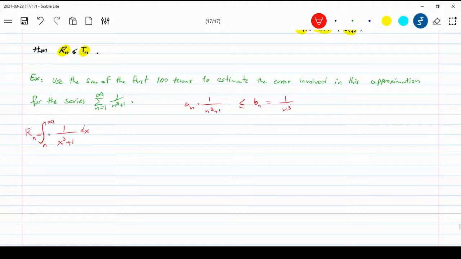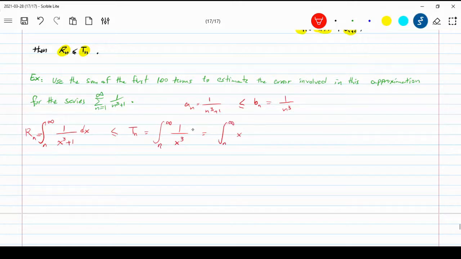So instead of calculating this integral, I can say this integral is less than the integral for T_n, the tail of the series of b, which is exactly the same thing but x to the power 3. Now I can calculate the integral. Let me do the integral so I don't make any mistake.